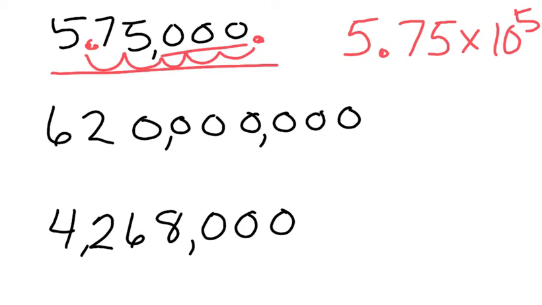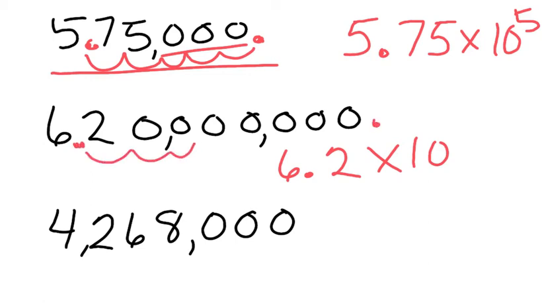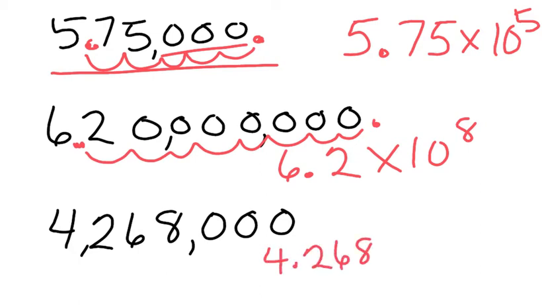Okay? Next, this one. Start with the 6, decimal point 2, then times 10. Put in your decimal, your new one, your old one. Count the spaces. 1, 2, 3, 4, 5, 6, 7, 8. 10 to the 8th. Next number, 4.268. Always the first number and then the decimal. Times, always 10.